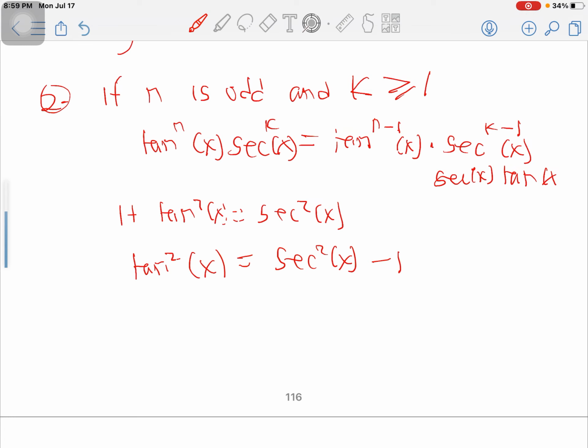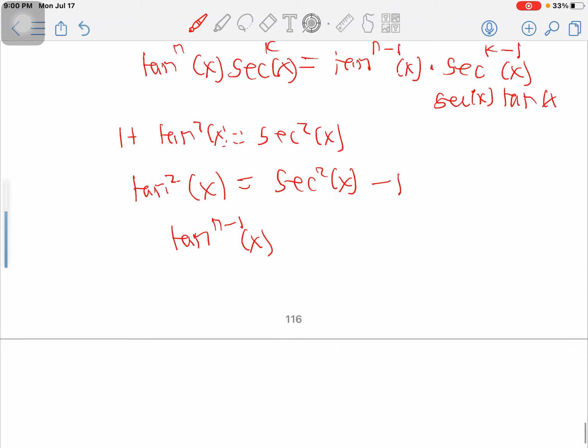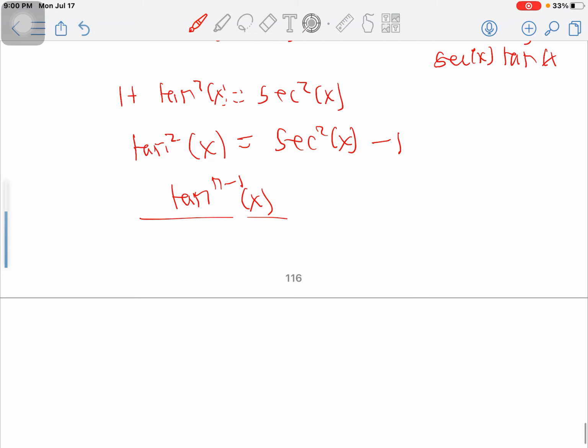So tan square of x should be equal to sec square of x minus 1. In doing so, you can rewrite the tan value as tan to the power n minus 1 of x in terms of sec x.